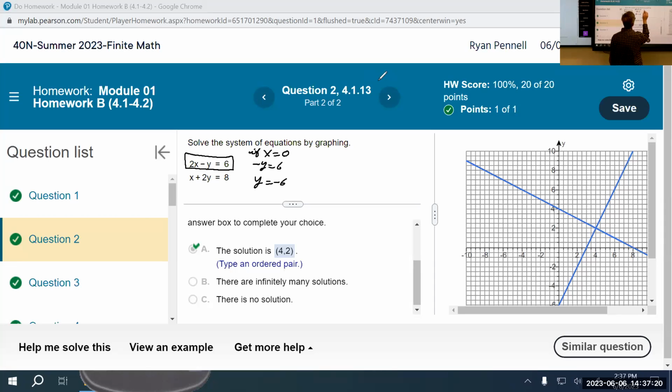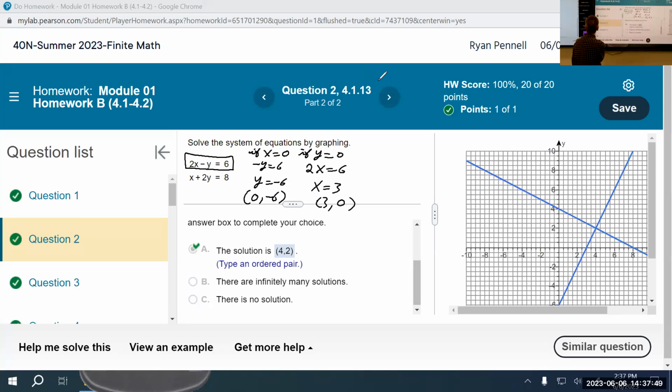This is for the first equation. If y equals 0, then you have 2x equals 6. x must equal 3. So there are my x and y intercepts. You have 0, negative 6, and you have 3, 0. So that's one of the lines.